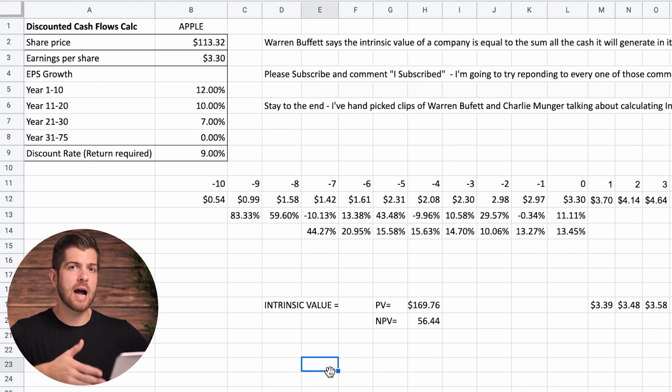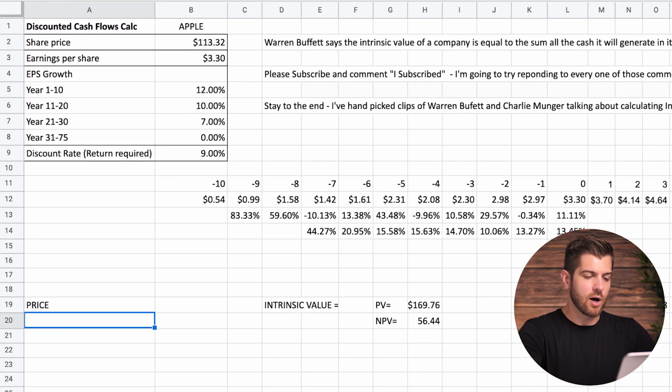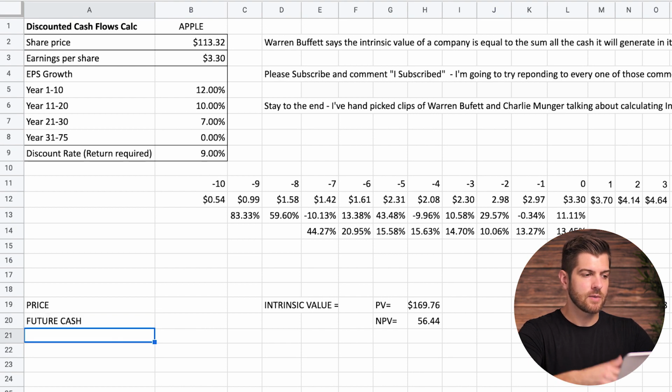So I'm going to show you the IRR formula, the internal rate of return formula. The way this works is, look, the net present value and the IRR formula are kind of married together. The inputs required to get to the net present value are the price, the future cash, and then the discount rate.